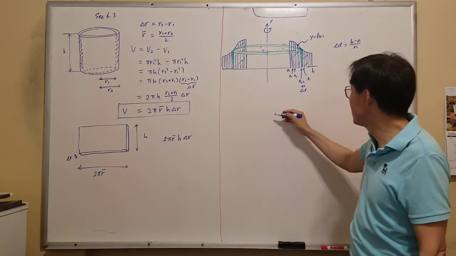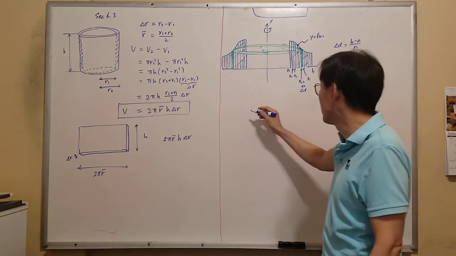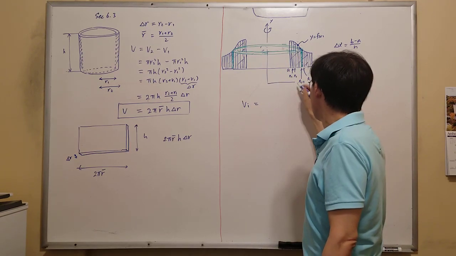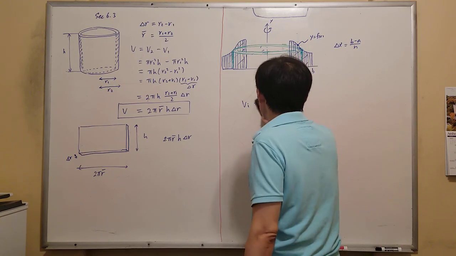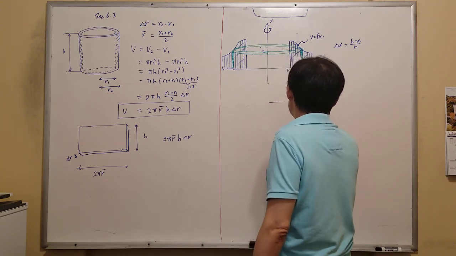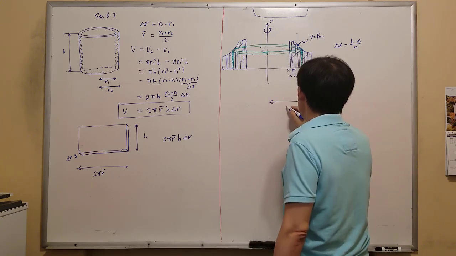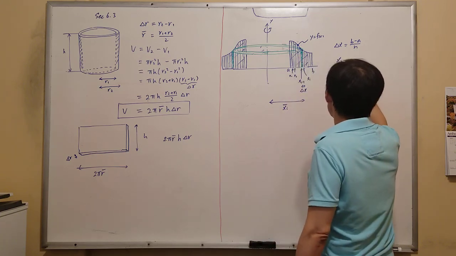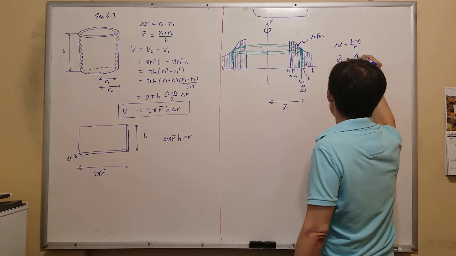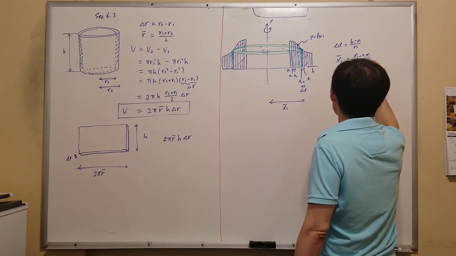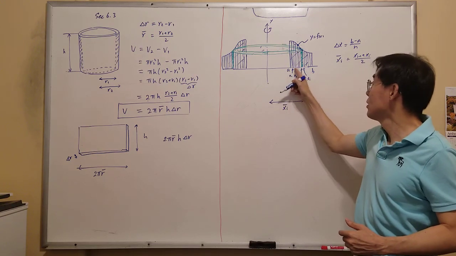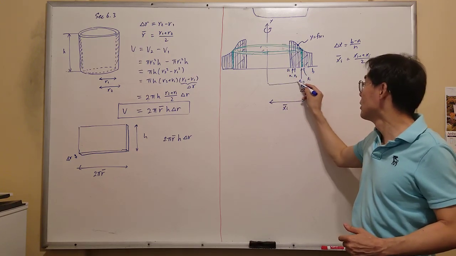Now, what is this ith cylindrical shell? What about the radius of this shell? Yeah, x_i bar, isn't it? x_i bar is (x_{i-1} plus x_i) divided by 2. See? The inner radius is x_{i-1}, isn't it?